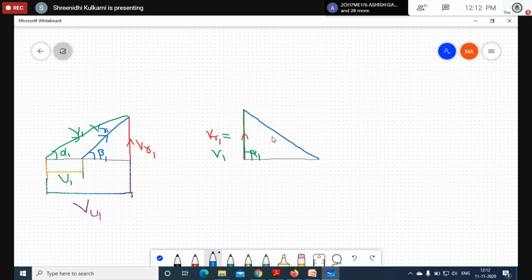I'm going to call this VR1, and this angle is beta 1. And say if this is the alpha 1, from alpha to beta, we will get U1.